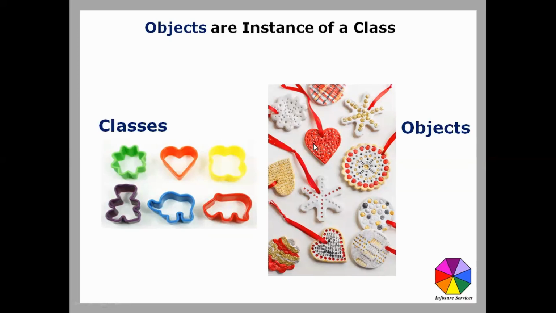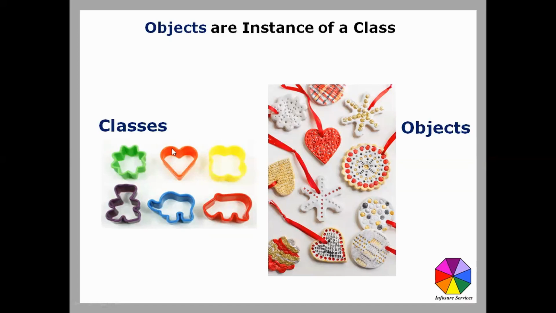Okay, so object 1 is red, object 2 has some design, blue and red together, and object 3 is just a cookie without any designs. But all of them have the same properties. The properties could be different, but you see the profile of this cookie cutter is here.